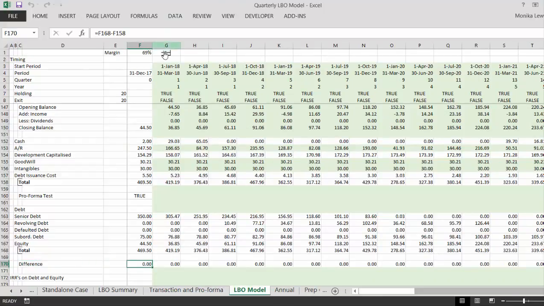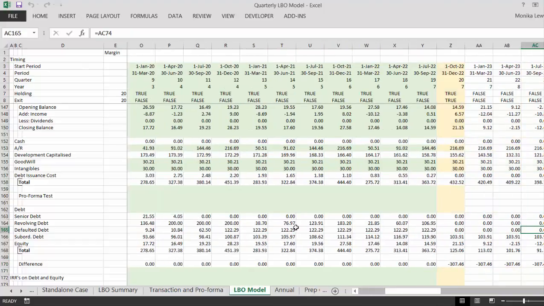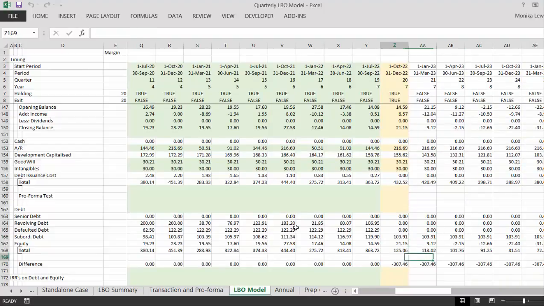So that's not bad. But then what we really should do is say, what happens if we have some defaulted debt? Am I getting defaulted debt yet? Come on, go up here, find some defaults. Come on, there's some defaulted debt. It's still working. That's pretty good. Okay. So, that's a shock. And what should I do with this one?